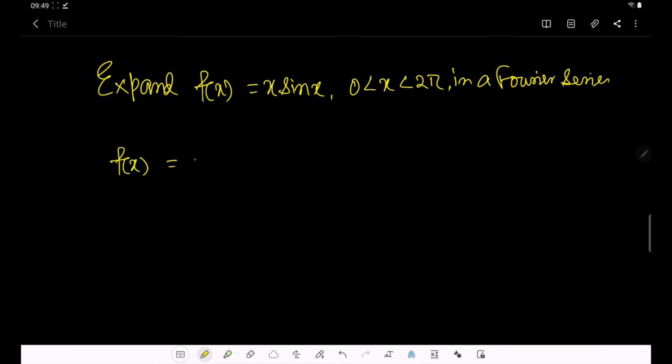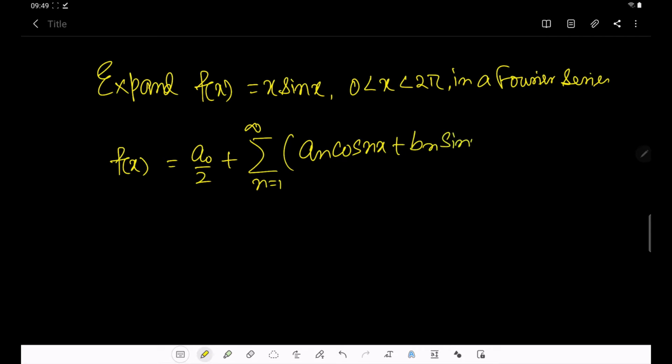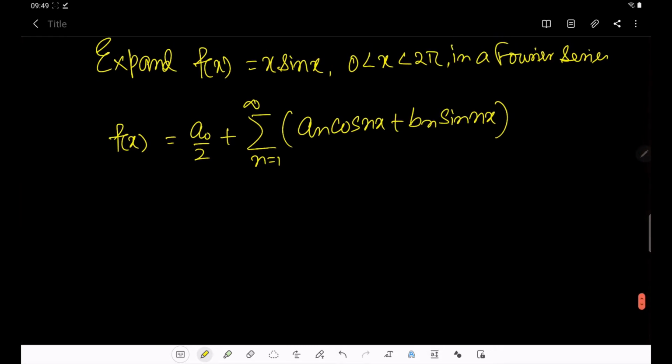So you know that f(x) can be written as a0/2 plus the summation from n equal to 1 to infinity of (an cos nx plus bn sin nx). We know that is Euler's formula. Here f(x) is equal to x sin x.